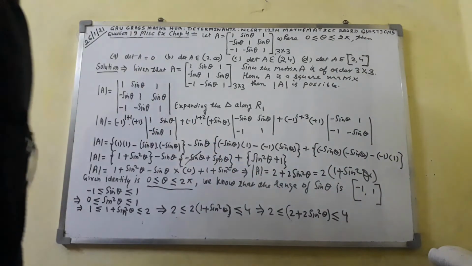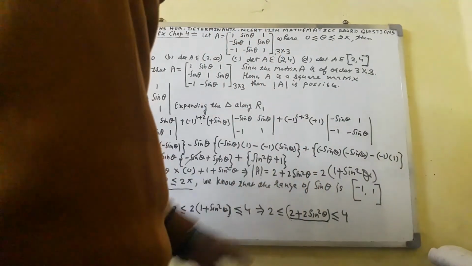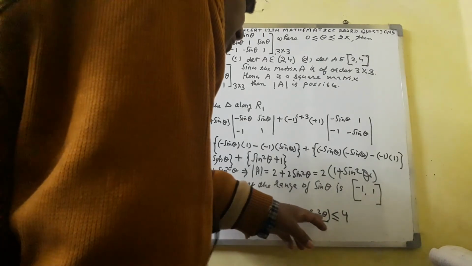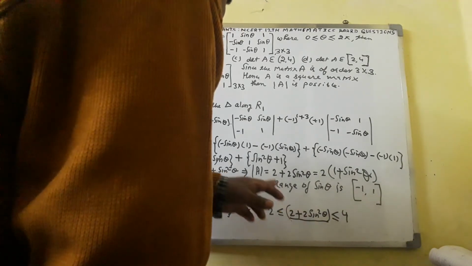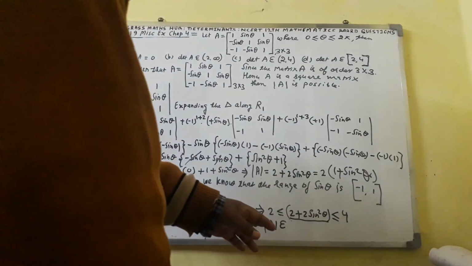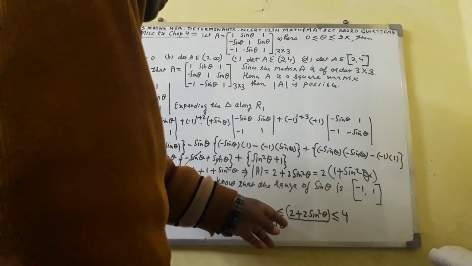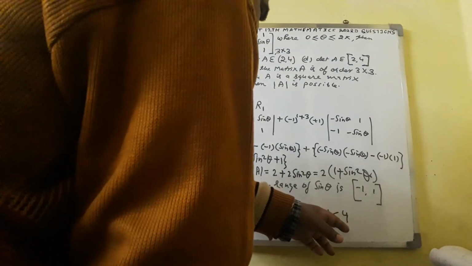So you can write very well this whole term 2 plus 2 sine square theta comes out to determinant of matrix. So here you can write, hence determinant of matrix A belongs to 2 less than equal to, this means that here a closed interval will come, 2 comma, here less than equal to 4.